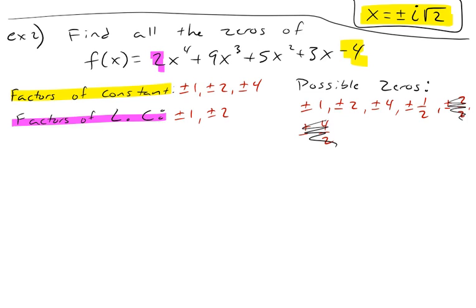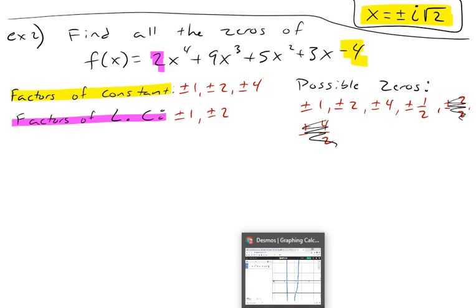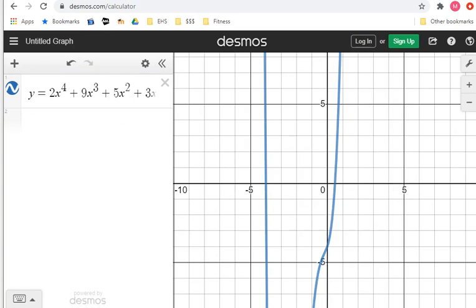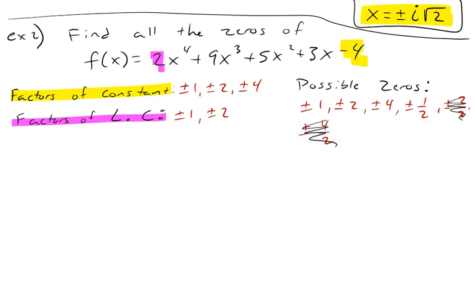I'm going to look at the graph to see what it would be. And I'm seeing a negative 4 and a 1/2. However, just because I found it on the graph, I still need the work to prove it. So I'm going to start with the negative 4.